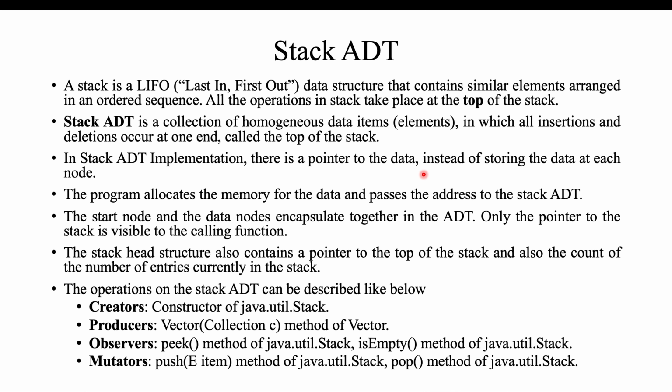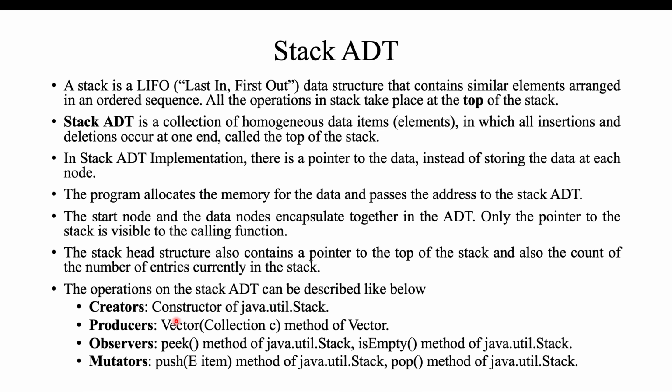Now the program will allocate some memory for the data and pass the address to the stack ADT. So the memory is provided for the data, but it is not provided to the abstract data type. It will just pass the address to the stack ADT, and we can do the operations on the stack ADT using the different methods of java.util.stack.